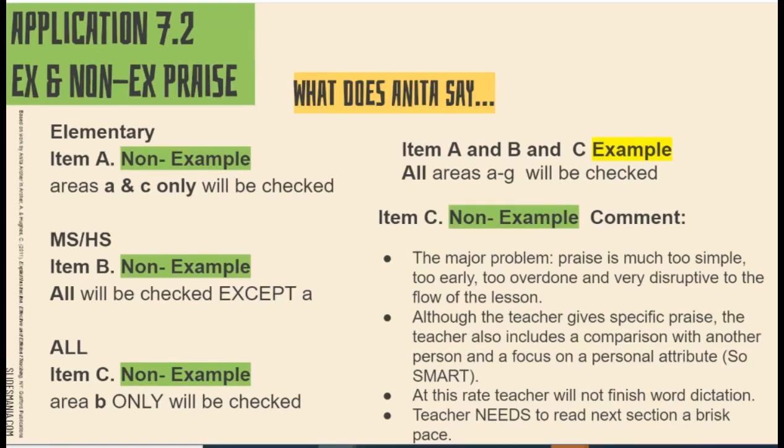The last two bullets really don't have anything to do with the actual checklist, but it is a commentary on the pace of the lesson, and that we need to make sure that we pick up the pace when we find ourselves dragging something out, and keep the students engaged.